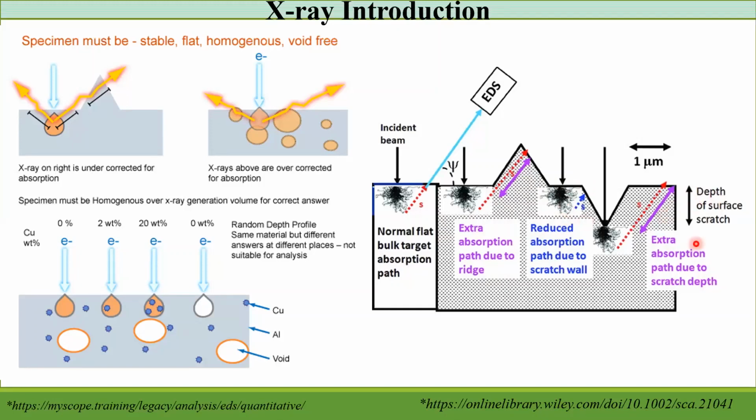And when it goes deeper and deeper, extra absorption path is also possible in the deeper sections. So it also varies region by region within the same material, and it may happen because of such material problems or the material's physical nature.